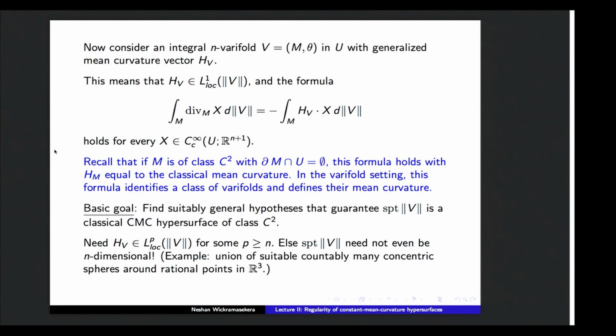And that means that we have an L1 vector field here, H_V, which satisfies this for every smooth vector field X. This vector valued L1 function is called the weak mean curvature.